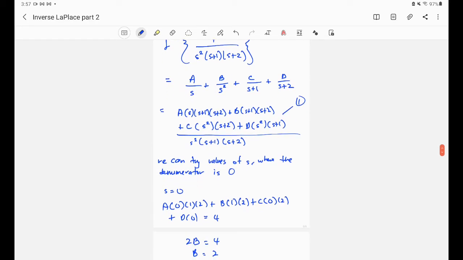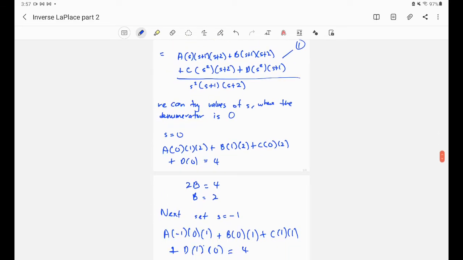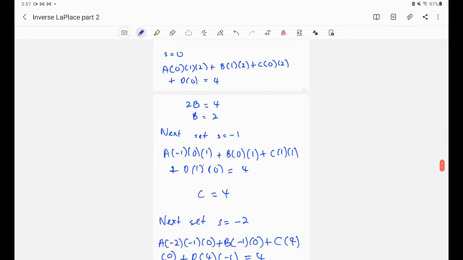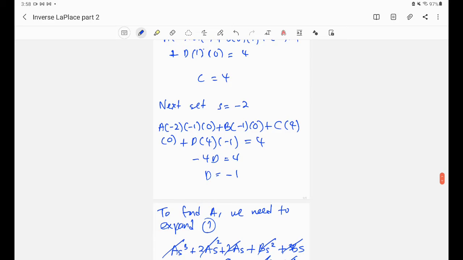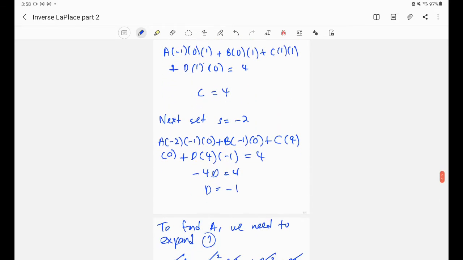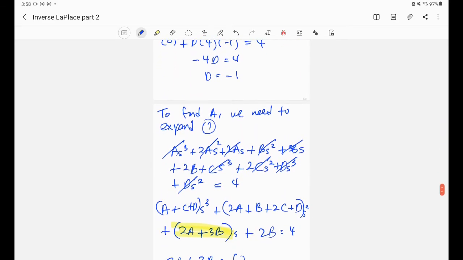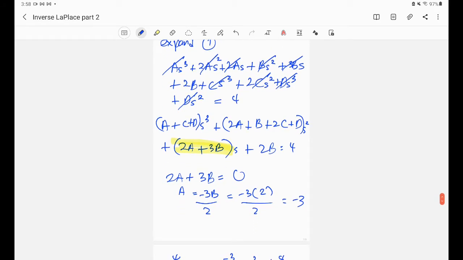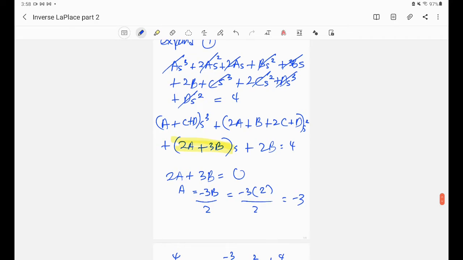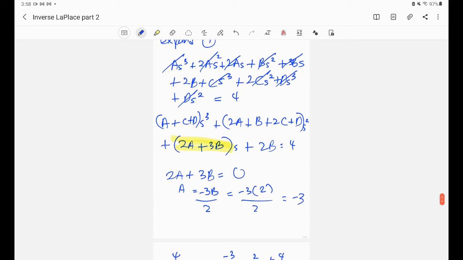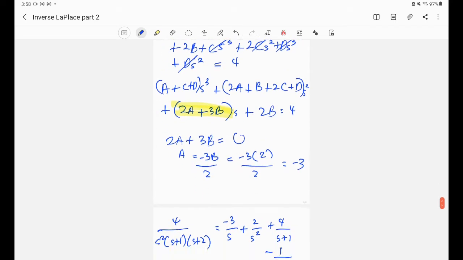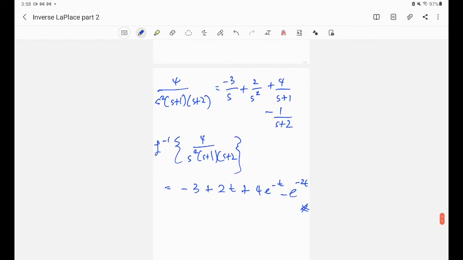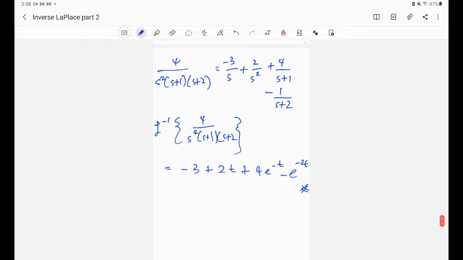Once you have expanded, you can use this method to directly find some of the values, B, C, and D. But you don't get A with this method, so you need to further expand the equation, and then use the knowledge that you have about the other values, the B, C, and D's, to find what A is. So it's a combination of two methods to find the answer that you want.